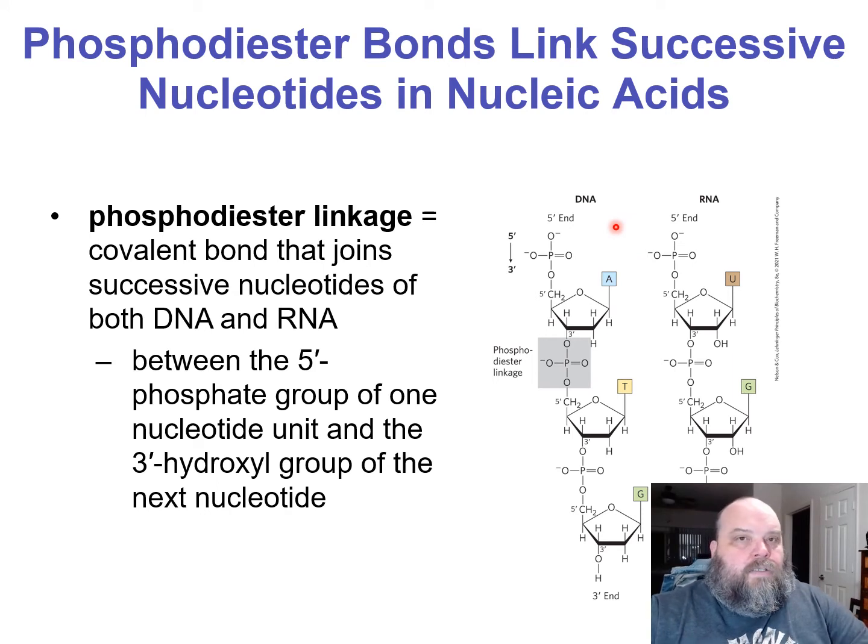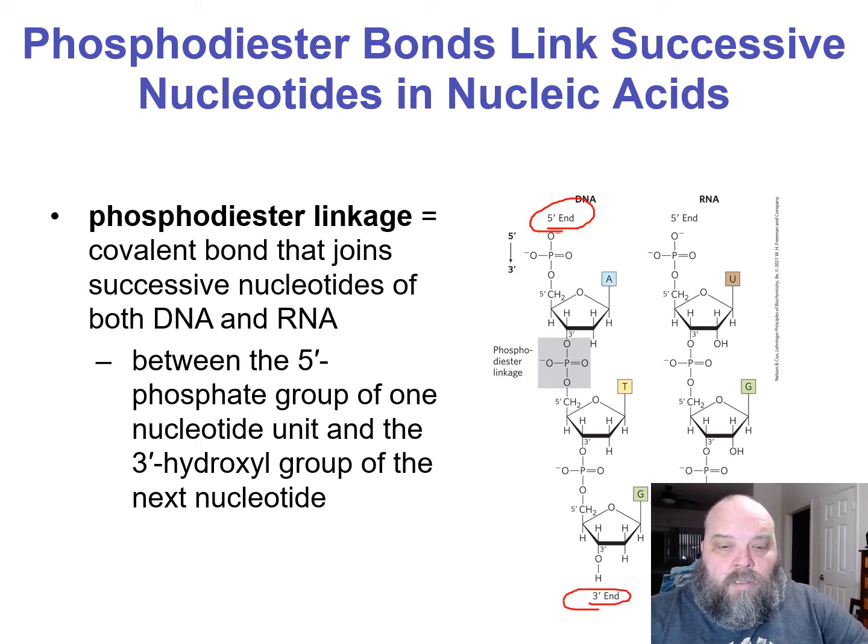But when you're looking at this DNA strand or this RNA strand, you need to be cognizant of a few things. Notice right here, 5', 3'. Just as when we were talking polypeptides, we had to be cognizant of the amino terminus and carboxy terminus, so that way we had orientation down.